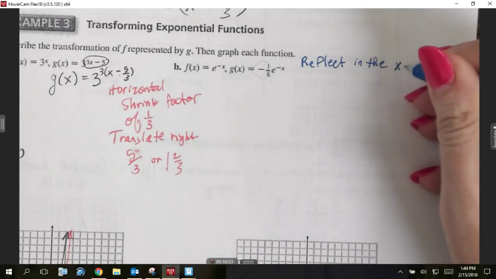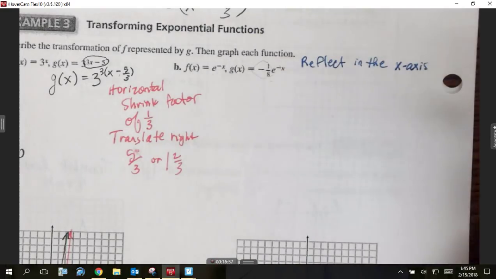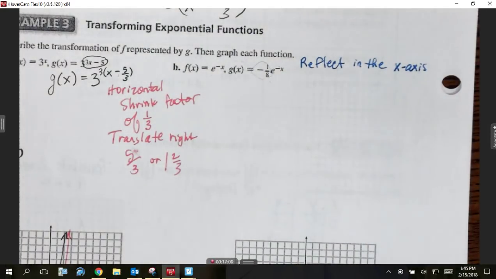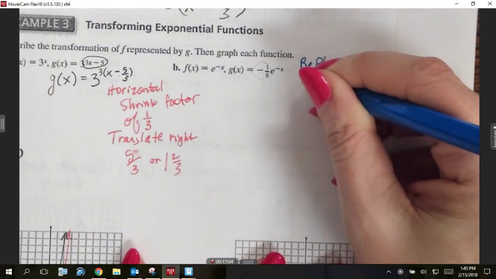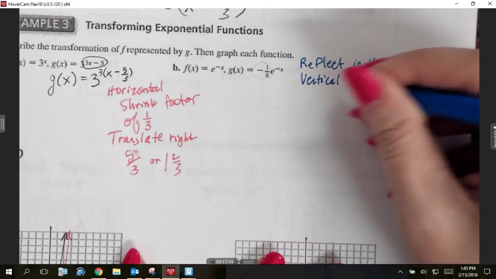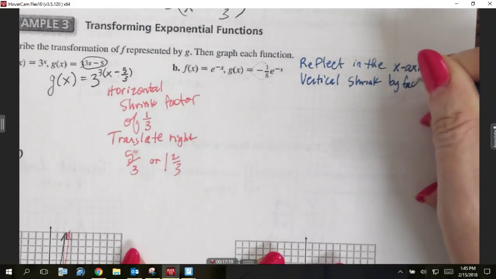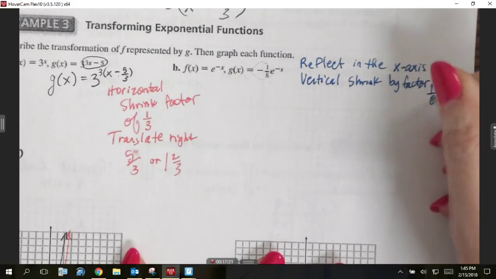And then the 1/8 is on the outside, it's not in the exponent, it's on the outside of the whole function, so that's going to be vertical. And it's going to be vertical what? Vertical shrink, by a factor of 1/8.